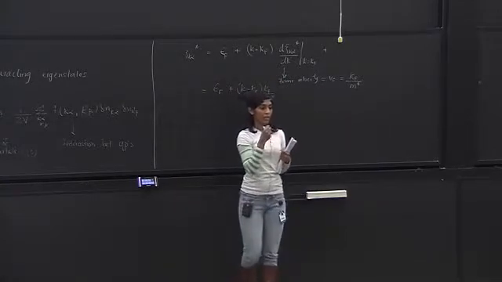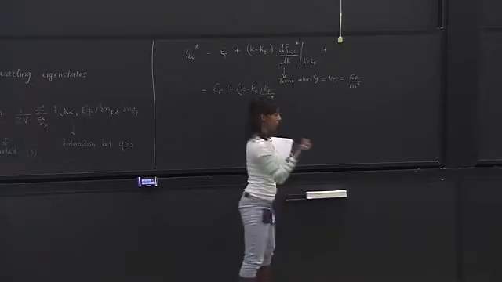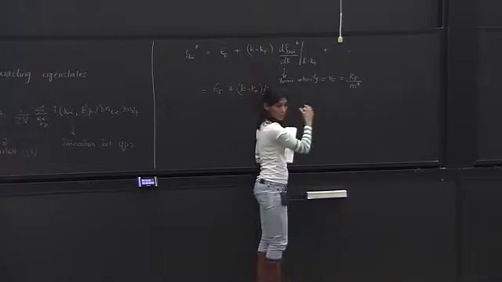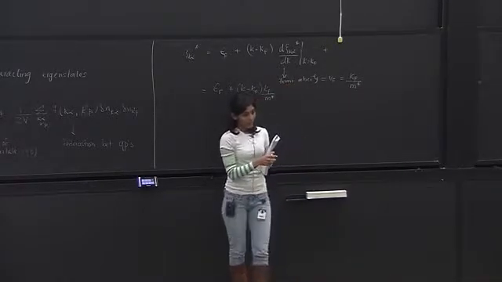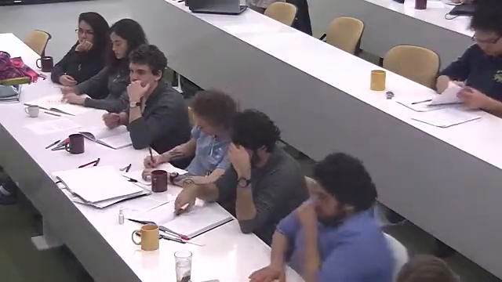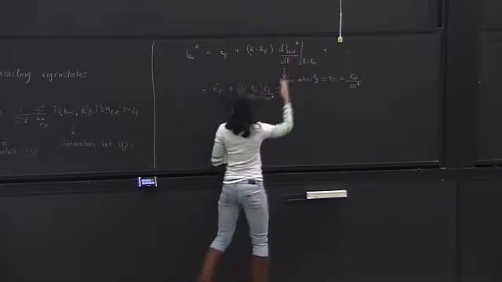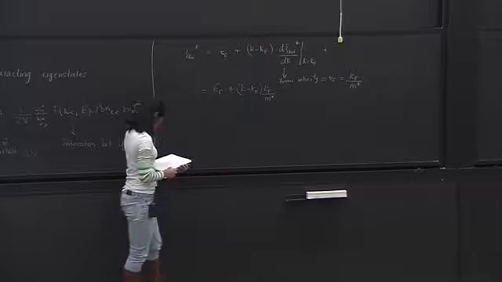I'll give you, by connecting it to the specific heat, a very experimental way to measure this. So if you can measure it in an experiment, it's well defined. All right. So for the moment, assume that it's non-zero. Then this is the leading term.